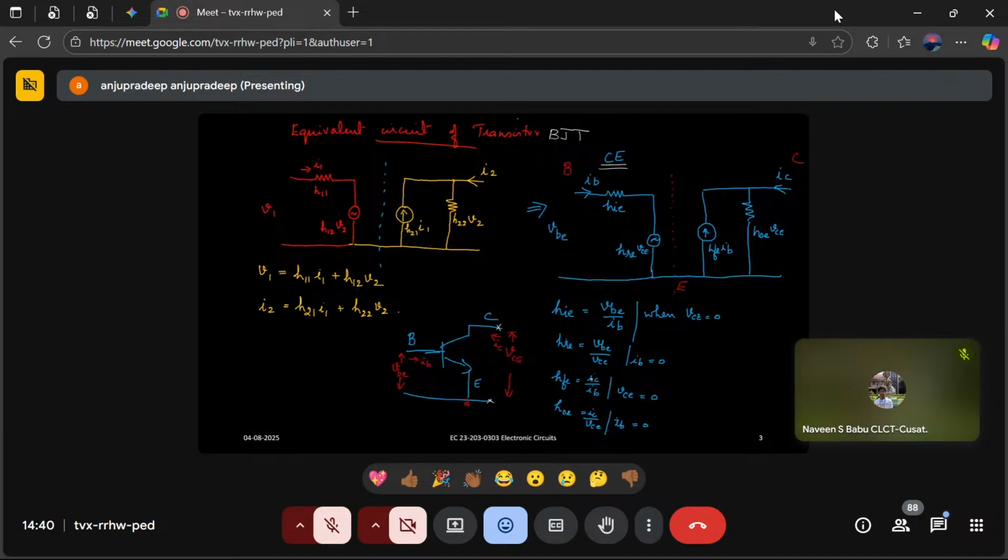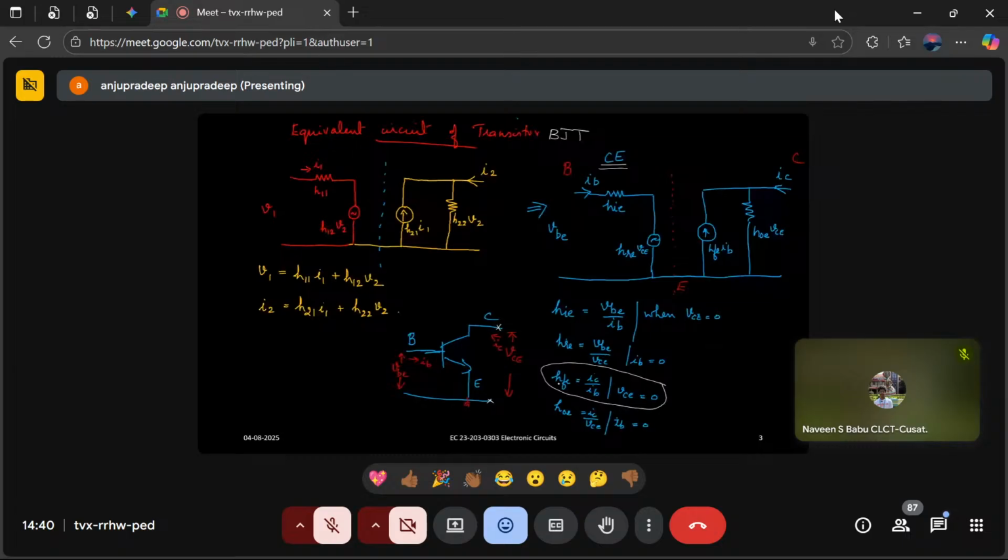Now, I want you to remember this part clearly. What is the meaning of this? HFE. HFE is equal to collector current divided by IB when output voltage is equal to 0. When will output voltage become 0?